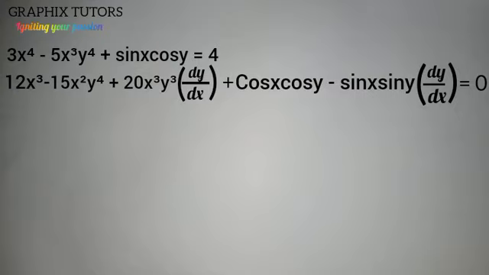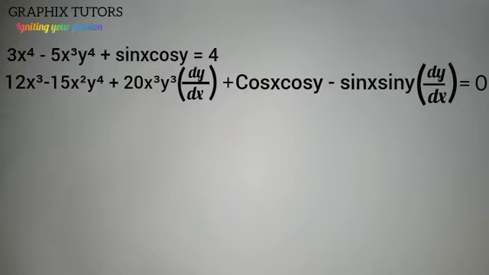So that means we have 12x cubed minus 15x squared y to the power of 4 plus 20x cubed y cubed dy over dx plus cos x cos y and minus sin x sin y dy over dx equals 0. Now you collect like terms.